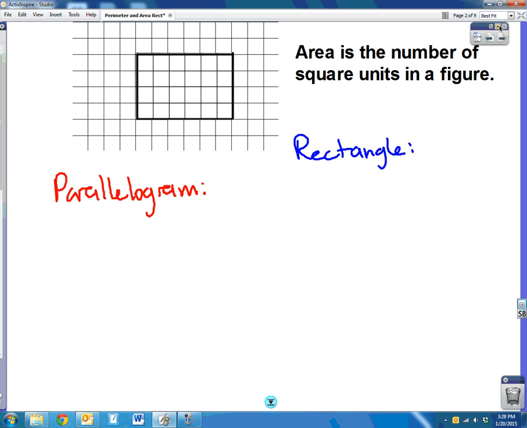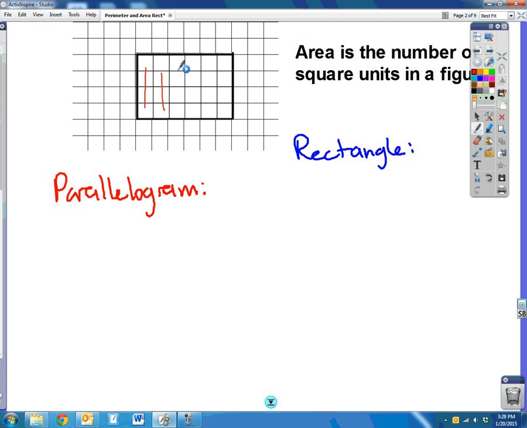Now with a rectangle, it's pretty straightforward. You count the boxes. How many boxes are in this shape? And if you count them all up, you end up with 24. But a systematic way of doing it would be to say that there are 6 columns of 4 rows.